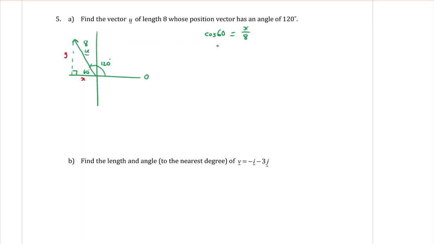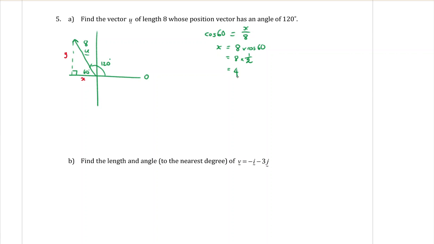Wait, why are you doing cos? Should we be doing sine? No, it's x. I'm trying to find the x first. I'll do sine, I'll do the y next, okay? Cos 60 is a half, so that's 8 times cos 60, which means 8 times a half, and half of 8 is 4. That was the nice one.